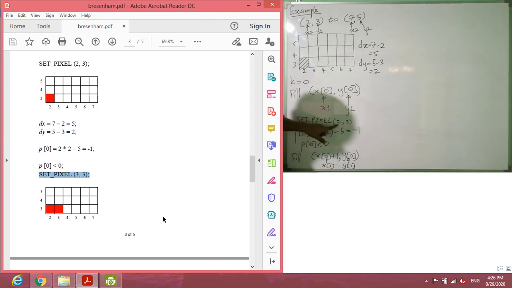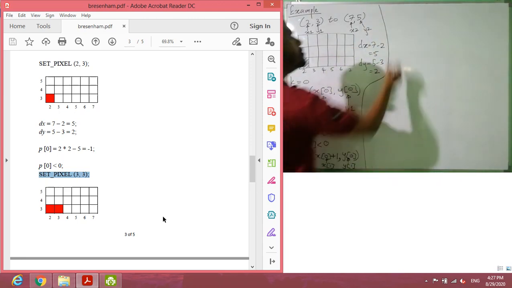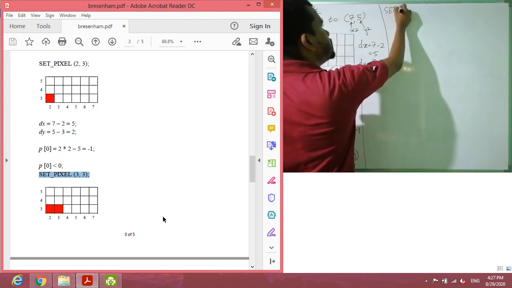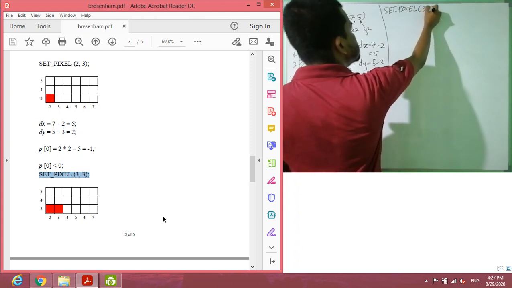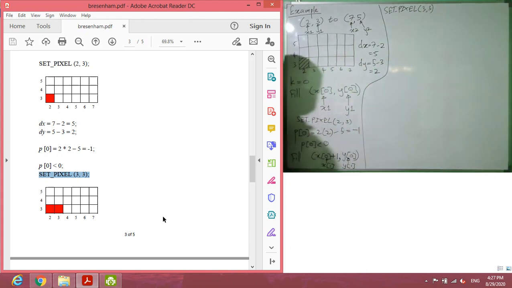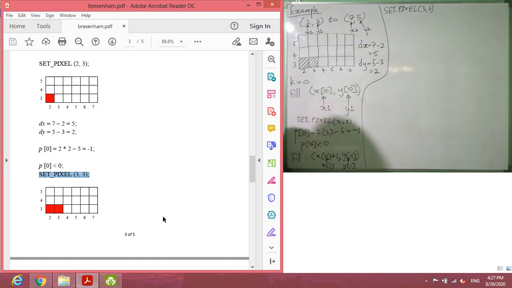Therefore 2 plus 1, 3. The y coordinate we keep as it is. Therefore we have to invoke set pixel 3 comma 3, this one.